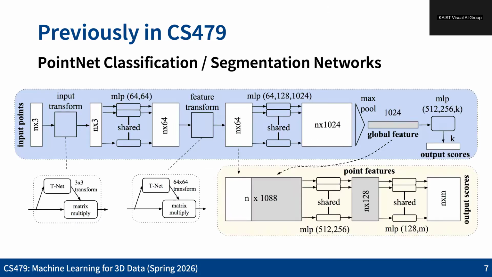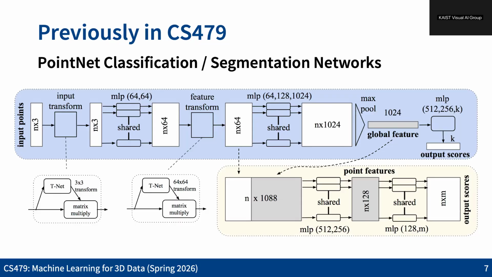So this was the architecture that we discussed last time, basically having a sequence of shared MLPs. Someone asked a question last time about the meaning of these numbers, 64, 64. These two numbers indicate that we actually have two layers here.